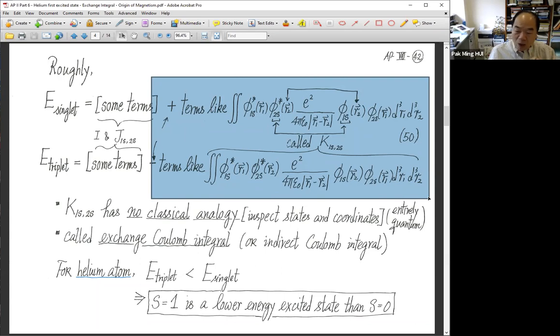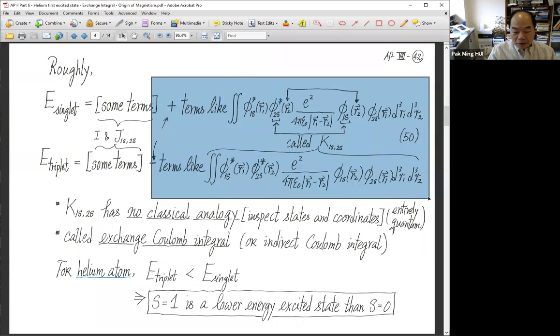Therefore, we realize one thing. In order to distinguish which possibility has the lower energy, it is determined by the sign of this very peculiar integral that only happens because we have quantum mechanics.